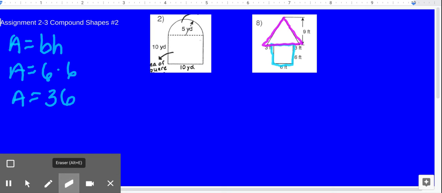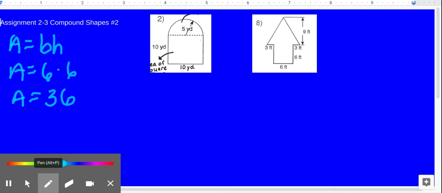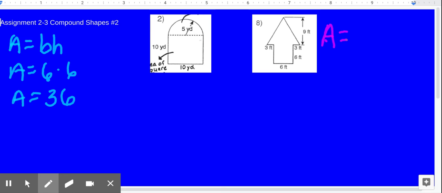Now I'm going to erase these lines here so we can look carefully at the triangle. So I need to know what the base of the triangle is, because remember, the area of a triangle is the base times the height divided by 2.